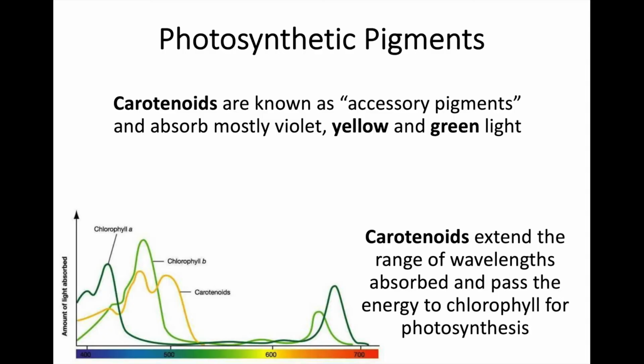It doesn't take in tons of green, it doesn't take in the full range of green, but it does take in some green light. So the point of using these carotenoids, I'm going to repeat this a few times, is that it extends the range of wavelengths absorbed. So it makes more of the wavelengths available to be used and more light being absorbed by the plant. And they pass that energy onto the chlorophyll for photosynthesis.